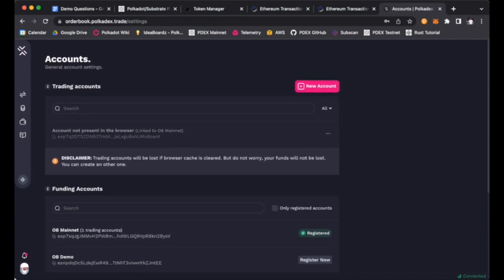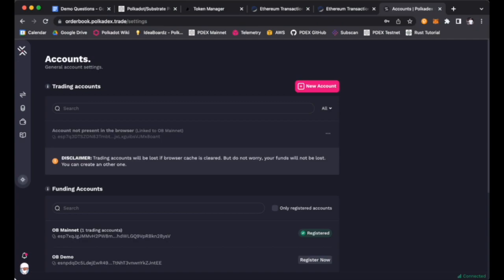Next, the trading account. The only purpose of the trading account, let me say, is to place trades and cancel trades. When you're depositing tokens to the trading account, what you're essentially doing is locking up your tokens from your funding account in a pallet account, and an equal number of shadow tokens are being minted in the trading account with which you can trade.